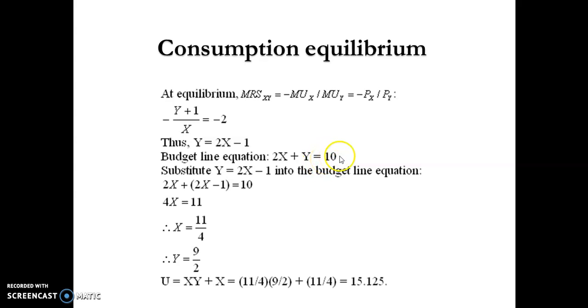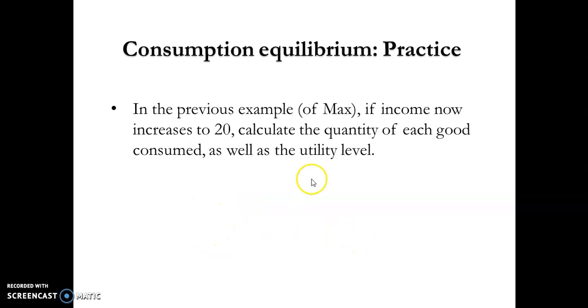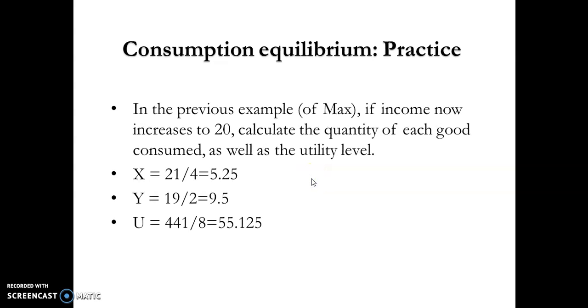And then you can rework and determine your new x, y, and utility level. And the answers are given as 5.25, 9.5, and 55.125. You can check this when you work through these examples in your own time.